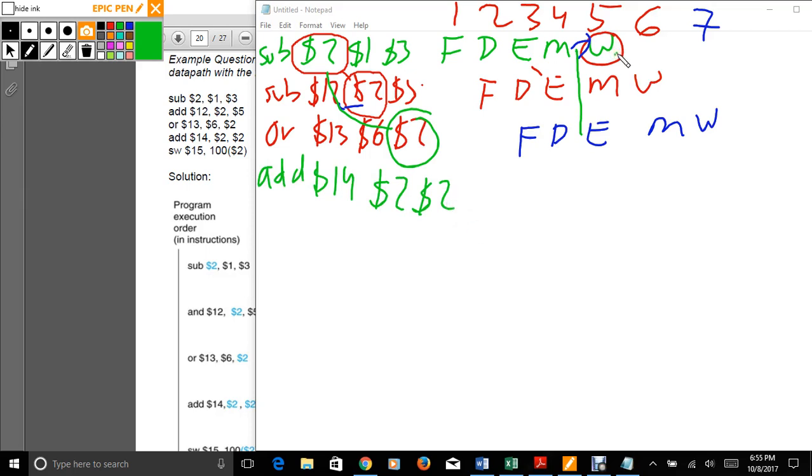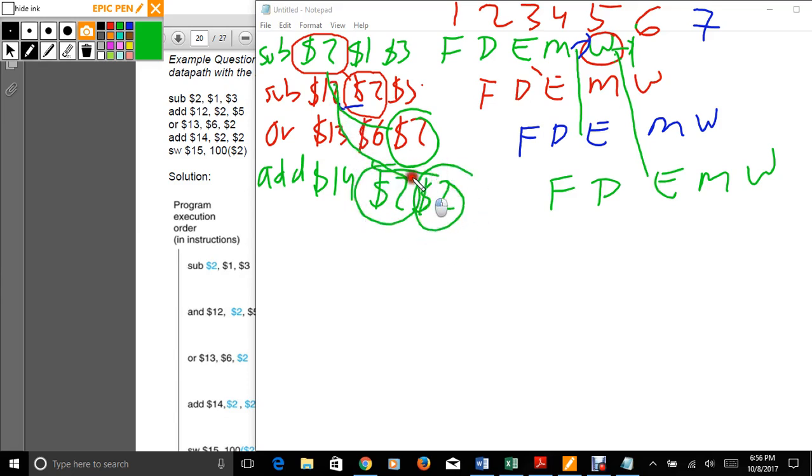Since it's being updated, but it can't be put on the buffer yet, we're going to forward this. So fetch, decode, execute, memory, write back. Because we can't put it on the buffer yet, we get stopped. We're going to forward this value to the input of the execution stage. And so these are both data hazards.